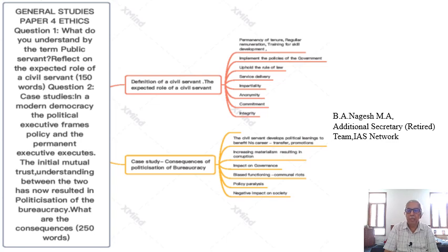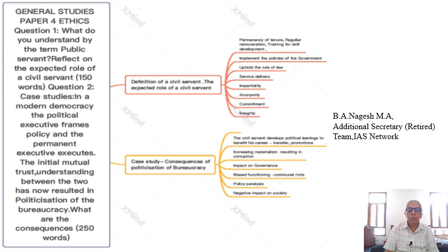Third, service delivery. The civil servant is expected to be prompt in service delivery. Now the government has taken up so many programs for the vulnerable groups like the SC, ST, OBC, women, differently abled, senior citizens.